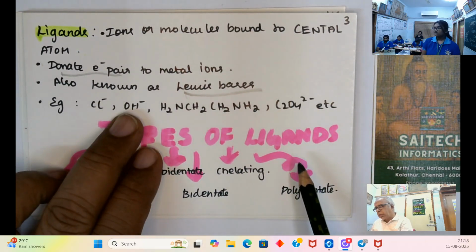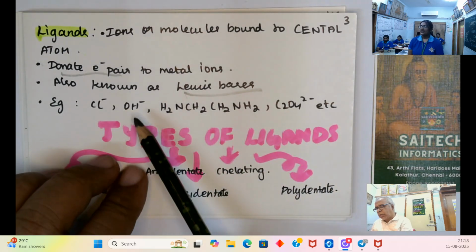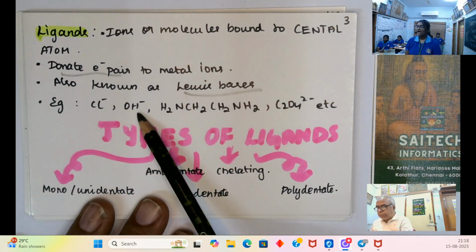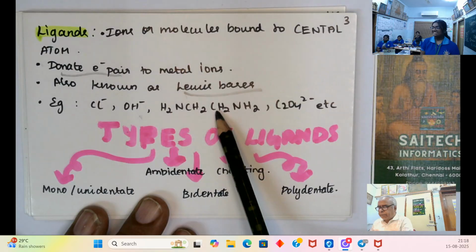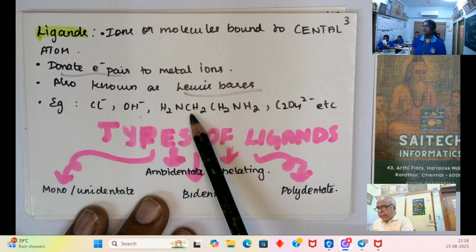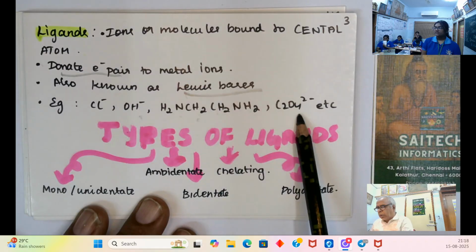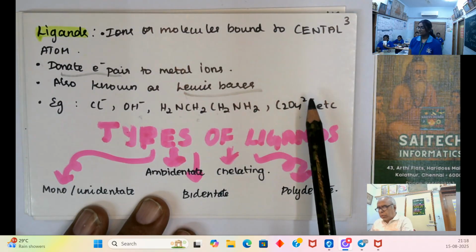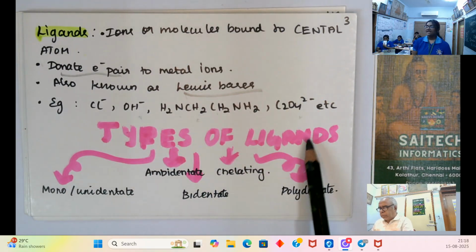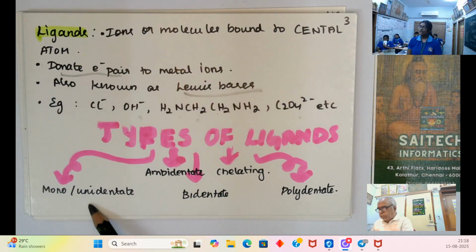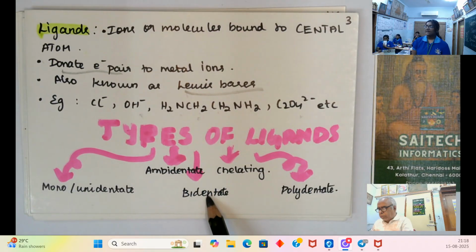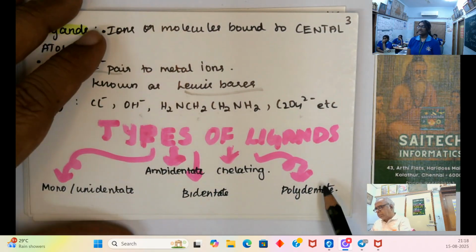Chlorido. Hydroxo, en for ethylene diamine, and oxalato. The types of ligand are mono or unidentate, bidentate, ambidentate, chelate, and polydentate.